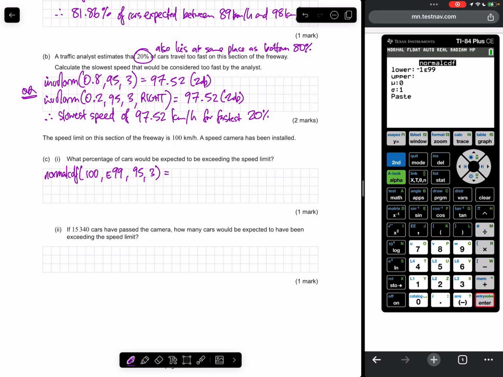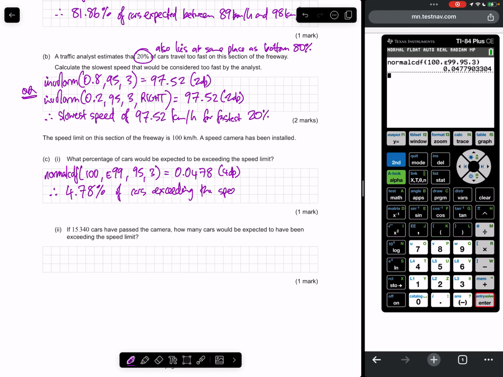Second dist, normal CDF, 100, second E99, 95, 3. 0.0478 to 4 decimal points. Therefore, 4.78% of cars exceeding the speed limit.